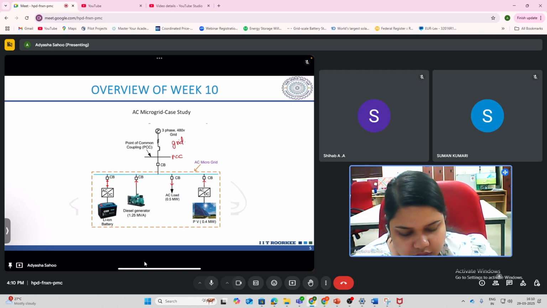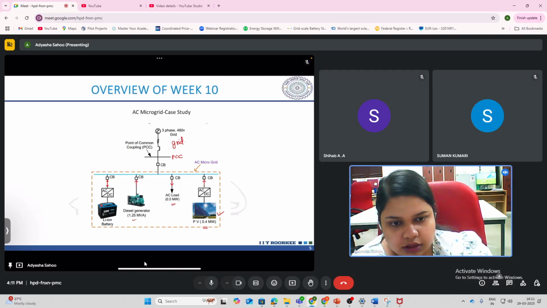We have a PV source connected to this AC bus using a DC to AC converter. Then we have an AC load of 0.5 megawatt, the PV has a maximum power of 0.4 megawatt, then a 1.25 MVA diesel generator, and we have a lithium ion battery, again connected using a DC-AC converter.